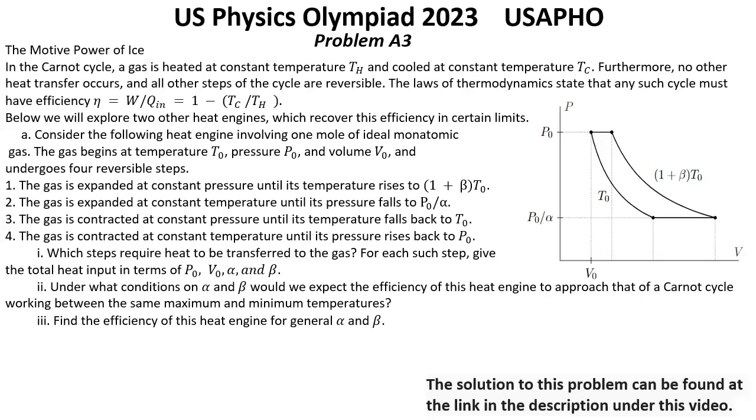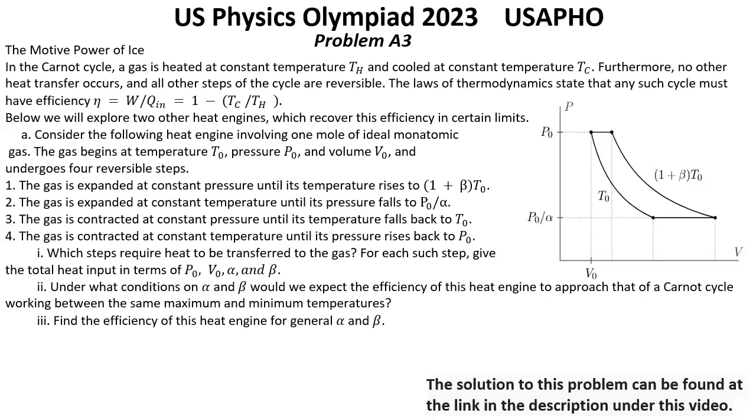The laws of thermodynamics state that any such cycle must have efficiency nu equal to W over Q in, where W is the work done by the gas and Q in is the heat input inside the cycle, which is equal to 1 minus Tc over Th. Below we will explore two other heat engines which recover this efficiency in certain limits.